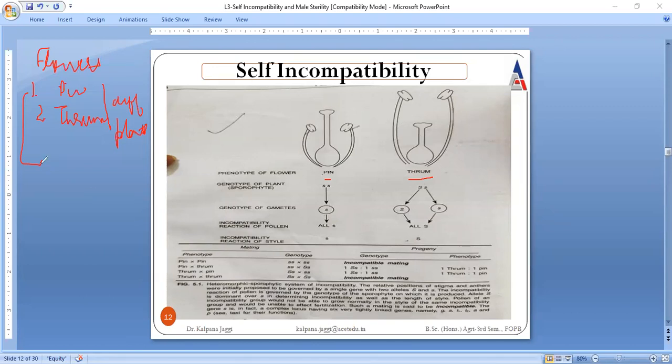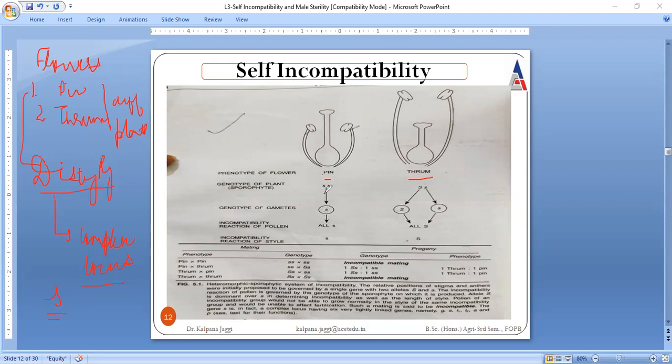And you know, this distyly condition is governed by a complex locus, that is the S locus.